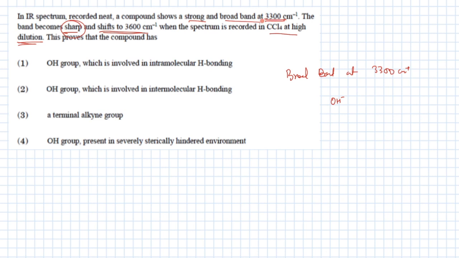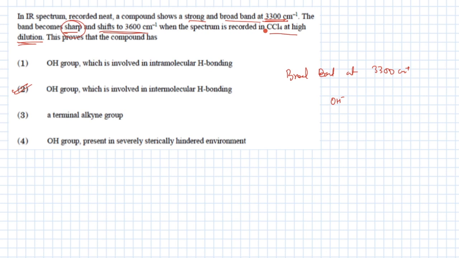So earlier we had intermolecular hydrogen bonding, and now it has been removed. So the answer will be option number 2. You have introduced a non-polar solvent, and also diluted the solution in order to remove intermolecular hydrogen bonding. So this is how this question has to be done, and option number 2 will be your correct option.